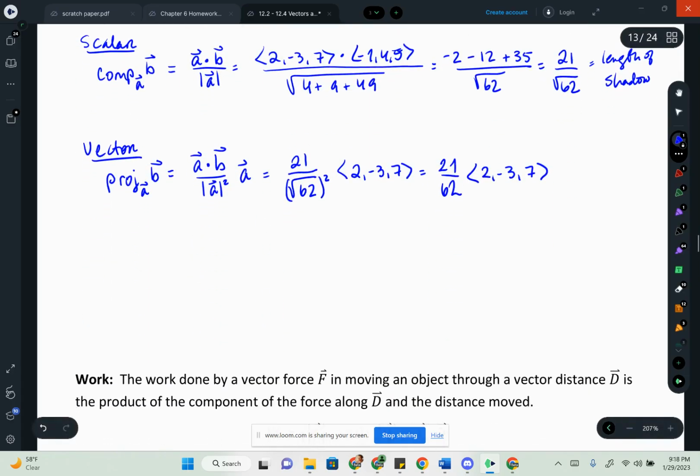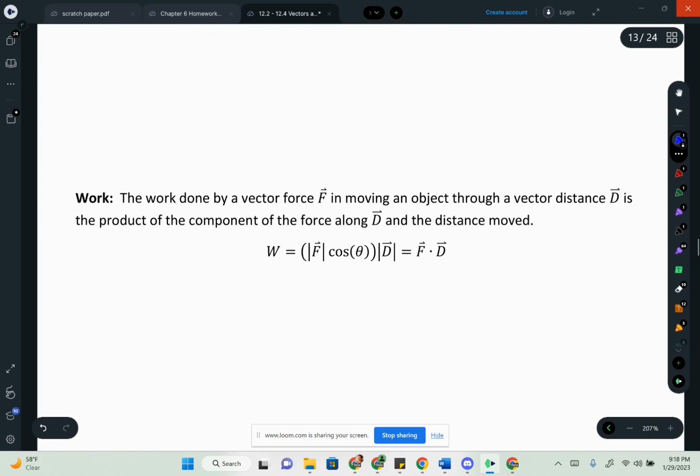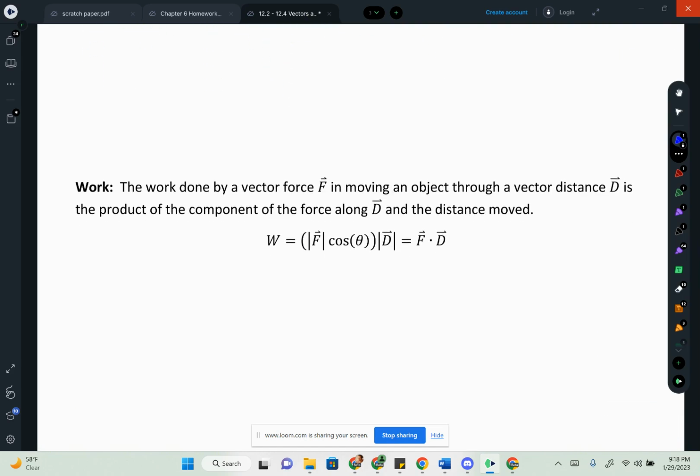All right. Another application of the dot product is, we're actually still using the same formula that we used when we were looking at the angle between two vectors. But we're using the general definition of the dot product of two vectors being equal to the product of the two magnitudes times the cosine of the angle between the two vectors.